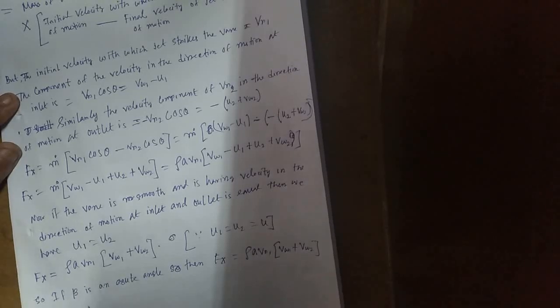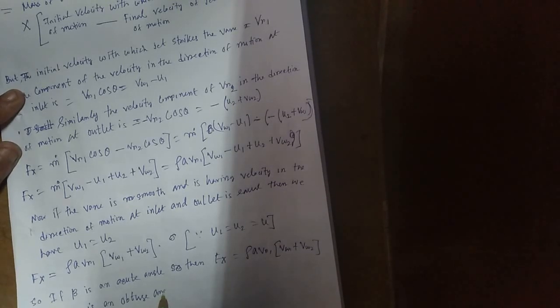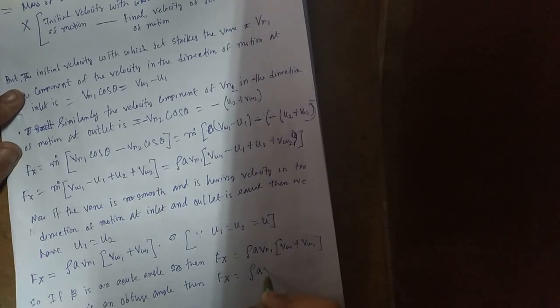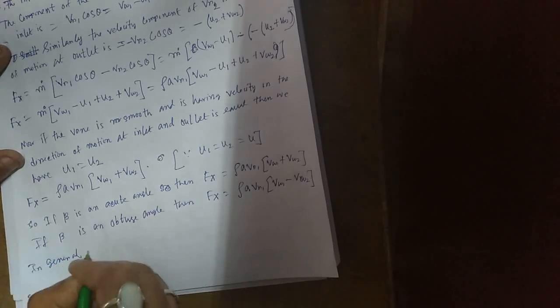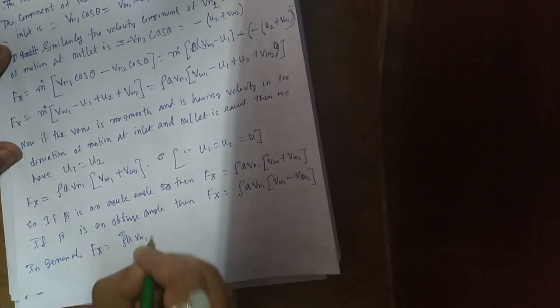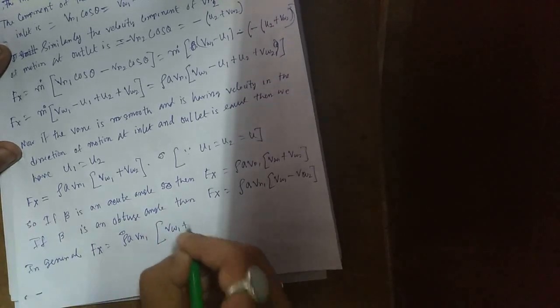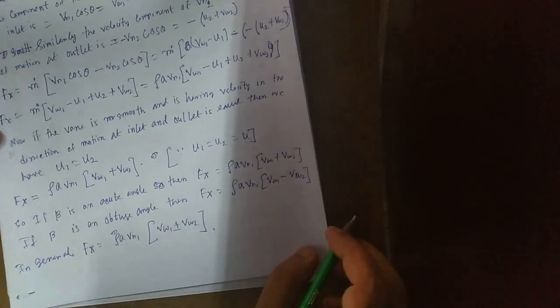If beta is an obtuse angle, then Fx is equal to rho A VR1 into VW1 minus VW2. So in general, Fx is rho A VR1 into VW1 plus or minus VW2. Okay.